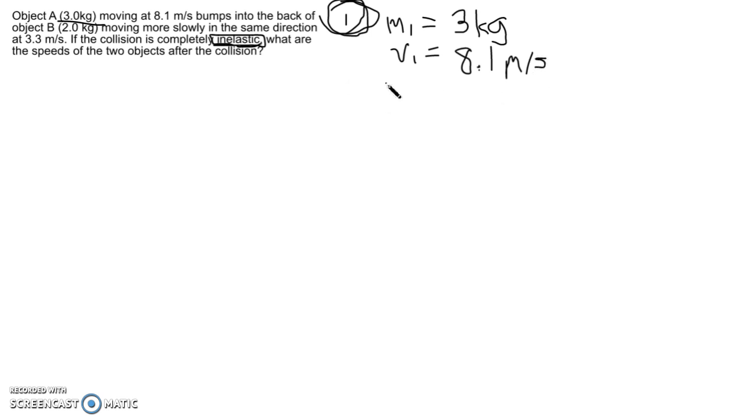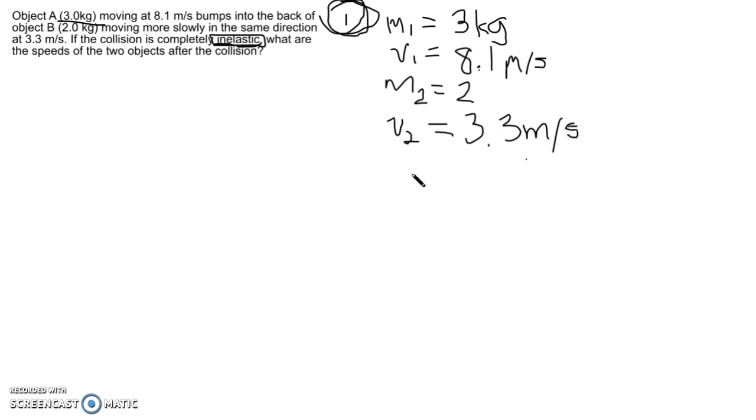And we have object 2, or object B, which has a mass of 2 kilograms, and v2 equals 3.3 meters per second. So this is all the data we need.